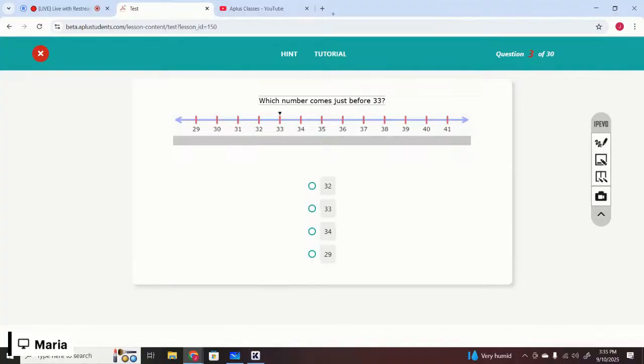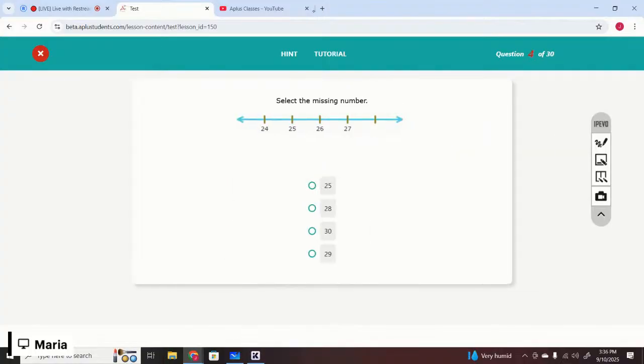What number comes just before 33? Before 33, it is 32.